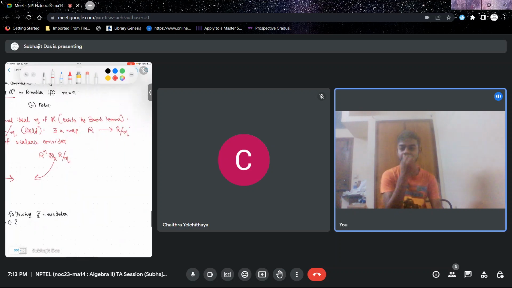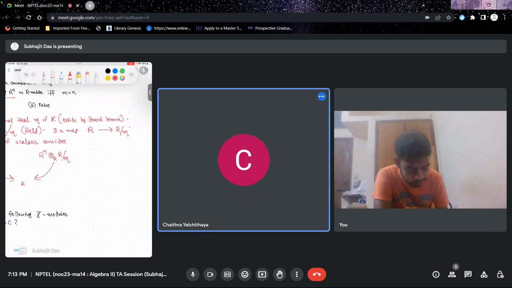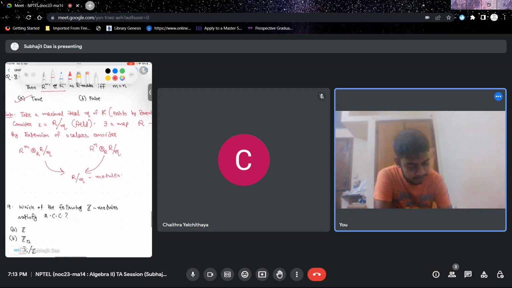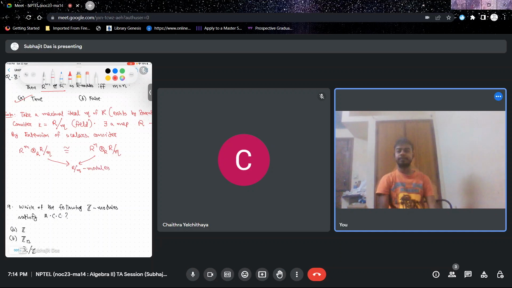So what kind of modules are these? Yes, R mod M modules. Now tell me, so these are R mod M modules. Now tell me, can we say that this and this are isomorphic?